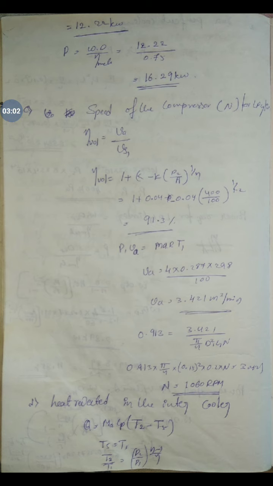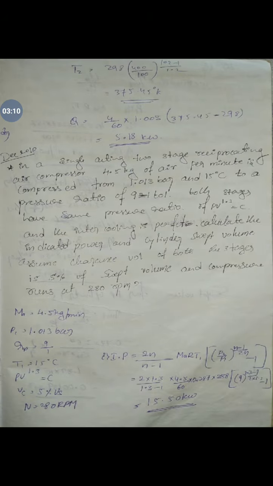To calculate T2, we know that T2 by T1 is equal to (P2 by P1) to the power of N minus 1 by N. From this we get the T2 value as 375.45 Kelvin.